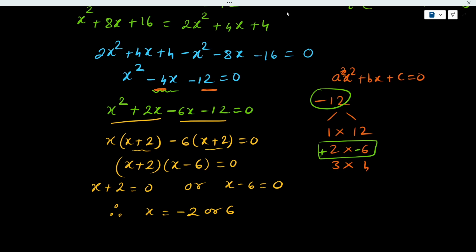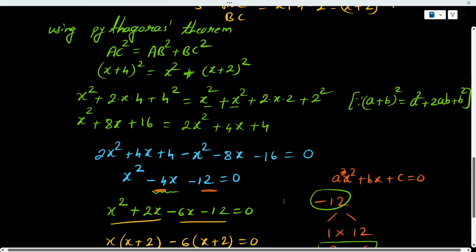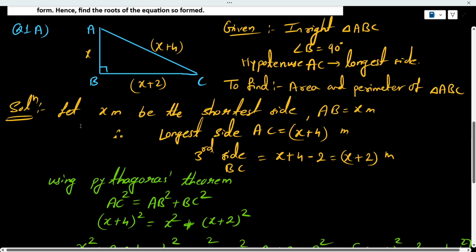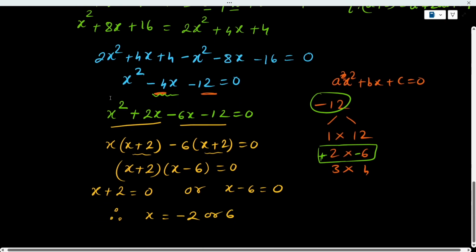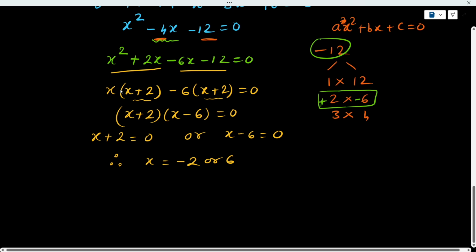Now, x was nothing but the length of one of the sides. See, look at the figure here. It is the length of side AB. We cannot have the length of a triangle side as negative.